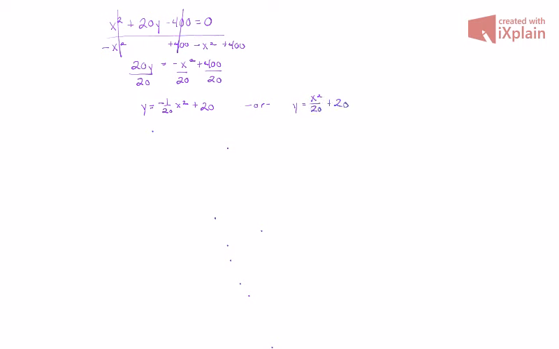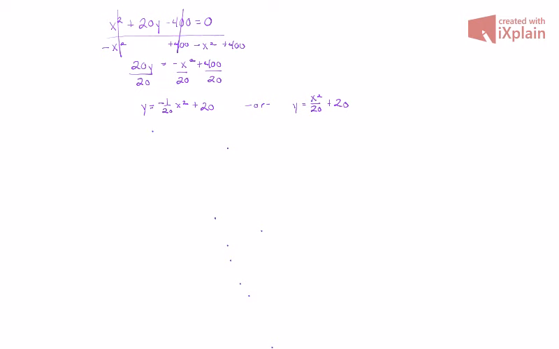I want you to note that the first term, your leading term of negative 1/20 times x squared, is the same thing as negative x squared over 20. If you were to rewrite that as a multiplication problem of two values, that's why you would get that x squared over 20.